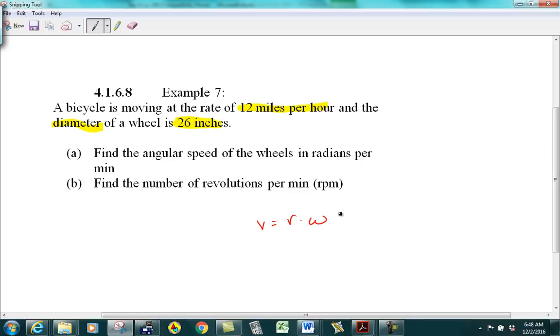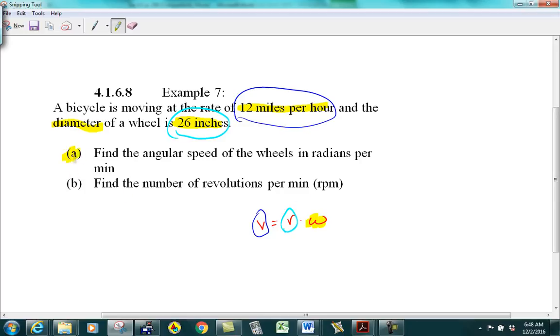Well, like I told you earlier, v is the linear velocity, so clearly this stuff goes in here. And r is related to the diameter, which means that this, after some manipulation, has got to go in here. And that leaves you with this that needs to be found for question A.